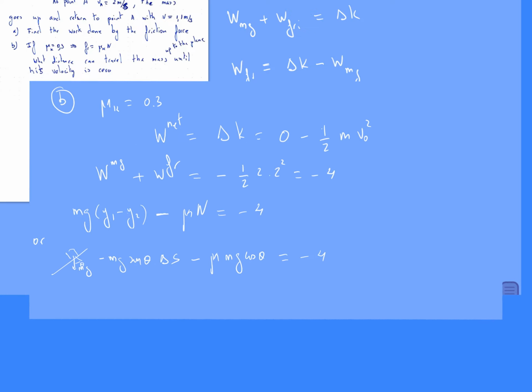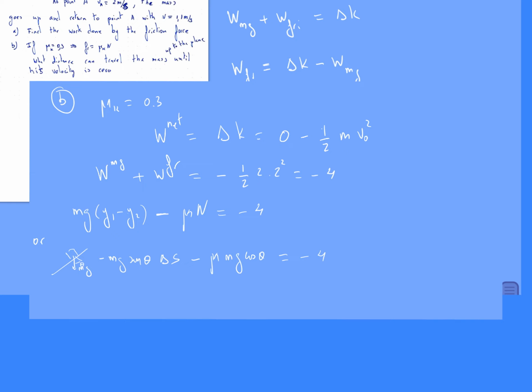The net work is the change in the kinetic energy. The net work is the work of the weight plus the work of the friction. The change in the kinetic energy is the final kinetic energy, when he's up on the inclined plane the velocity is zero, minus the initial kinetic energy, v0 squared.